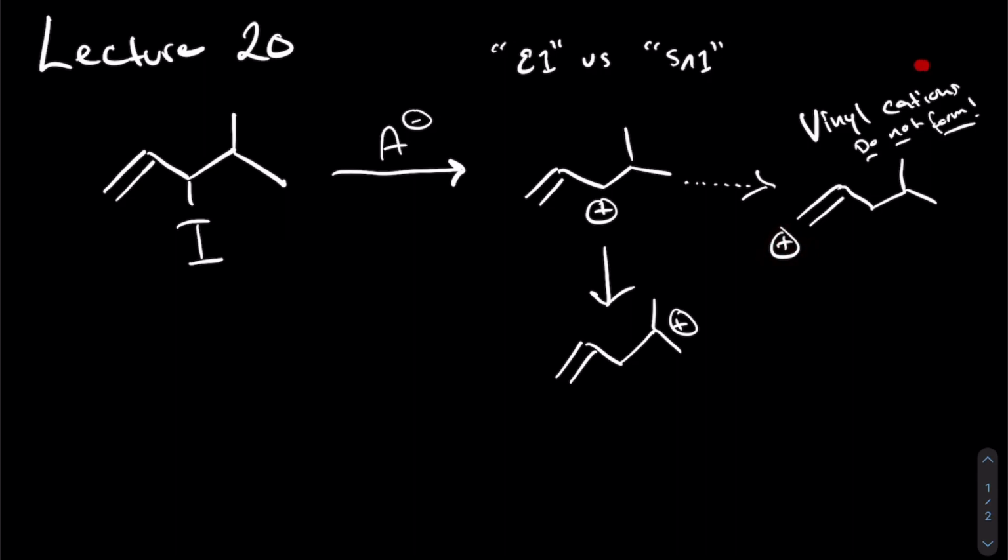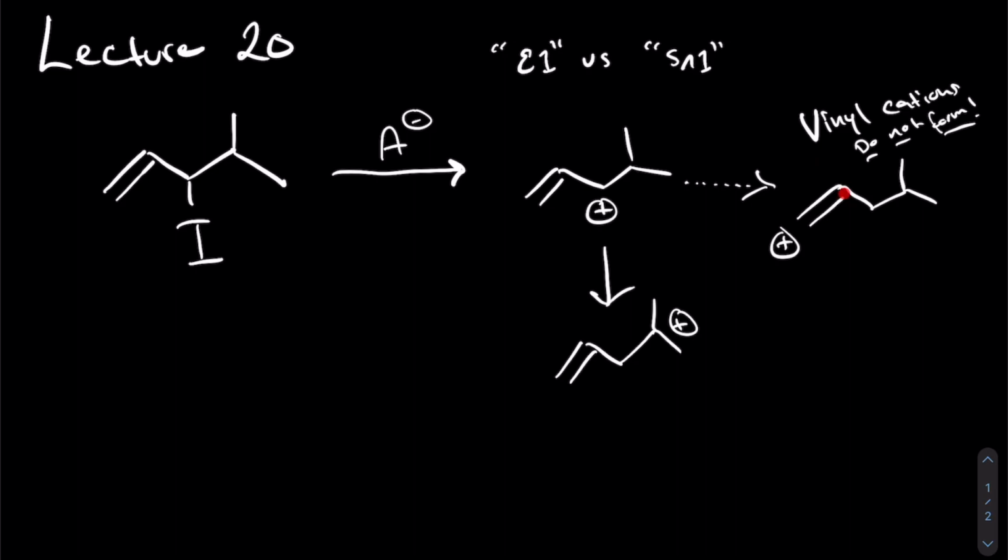I want to assure you that vinyl cations, that is to say a positive charge on a double bond, are never favorable. That is less stable than methane with a positive charge. The reason, as we discussed in a lecture long ago, is that sp2 carbons are electron withdrawing.